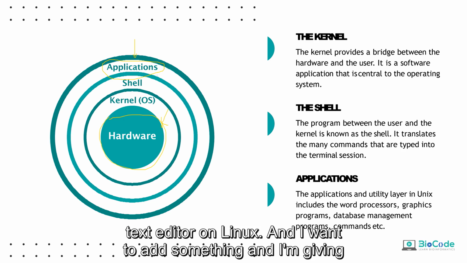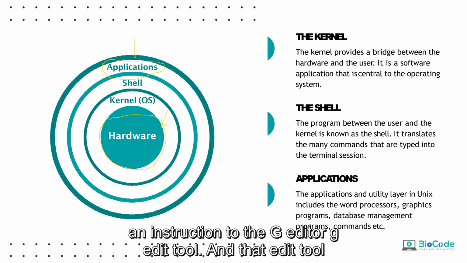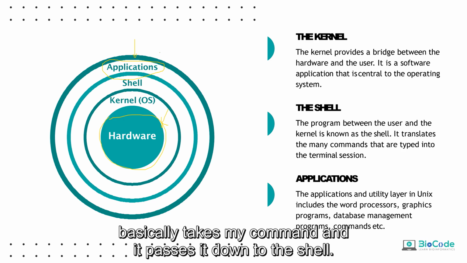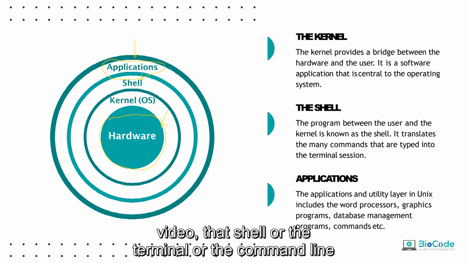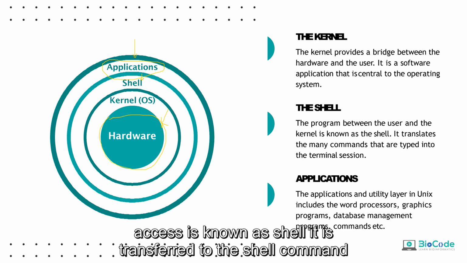I give an instruction to the gedit tool, and it takes my command and passes it down to the shell. Shell is the terminal which I have been discussing throughout this video. That shell, or the terminal, or the command line access, is known as the shell.